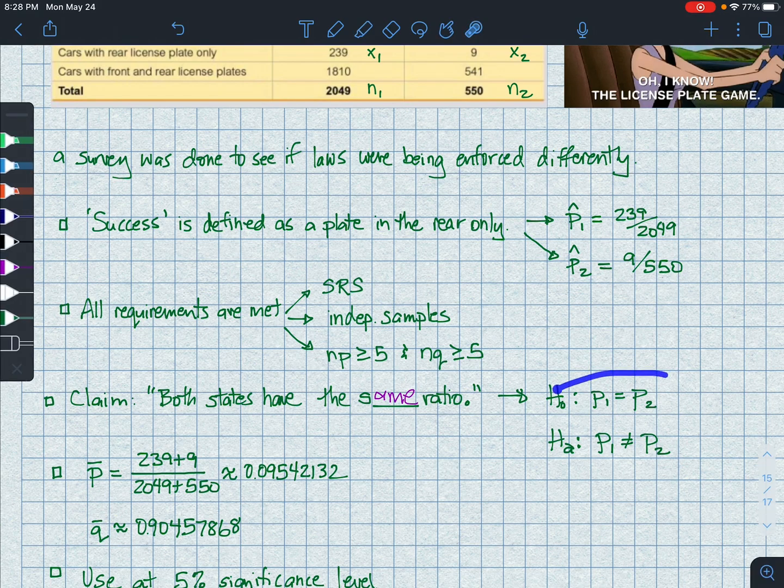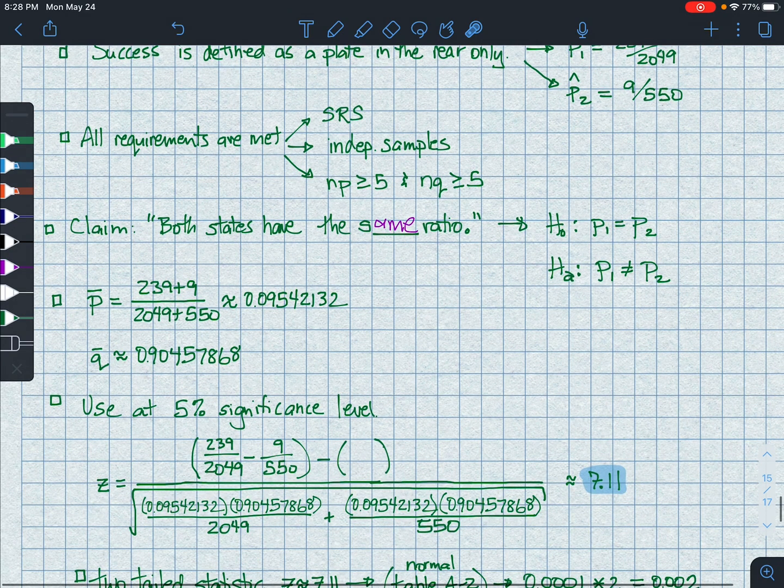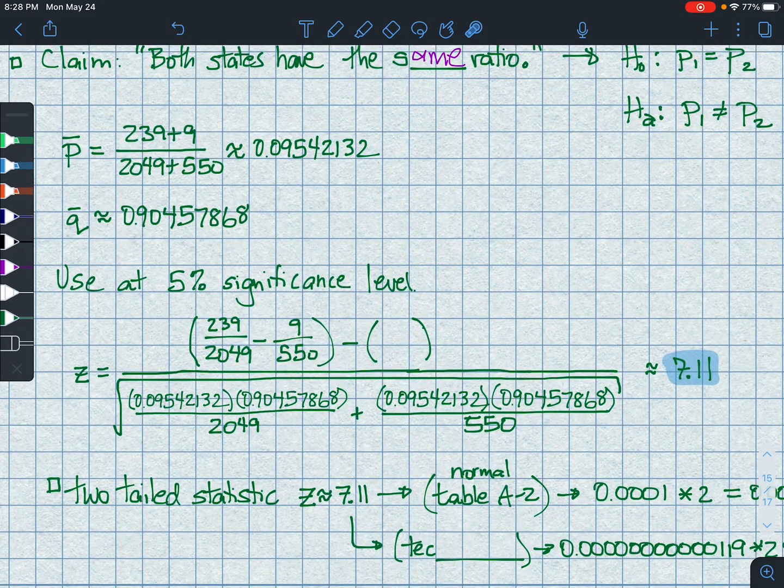So notice we set p1 equal to p2. And here's our pooled success and our pooled failure rate, 90%.